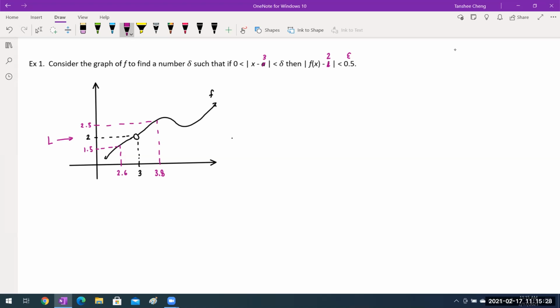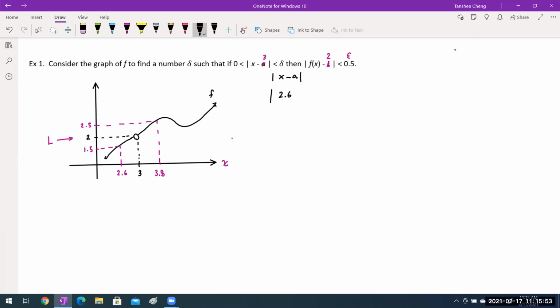The delta is on the x-axis. So when we're looking for the delta, what is my x? In this case, my x will be 2.6, right? Remember, this is x minus a, and delta is less than that.